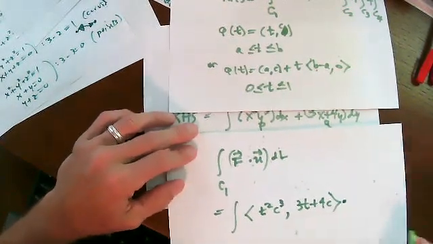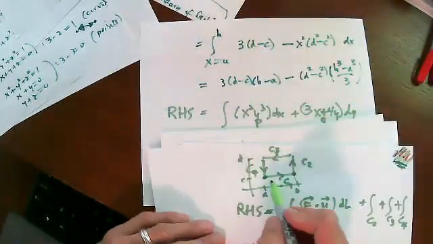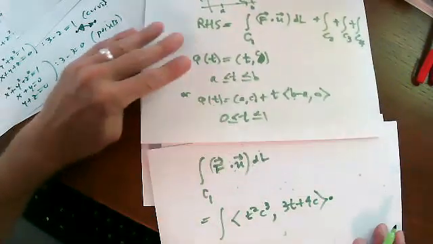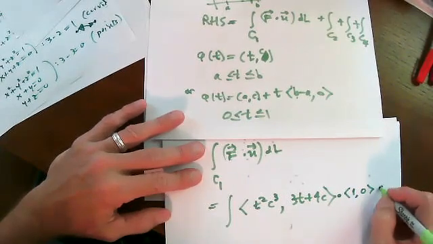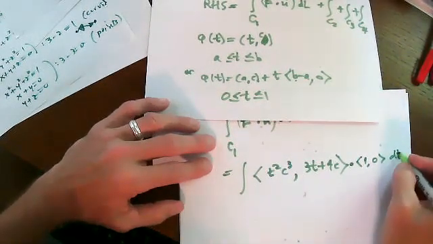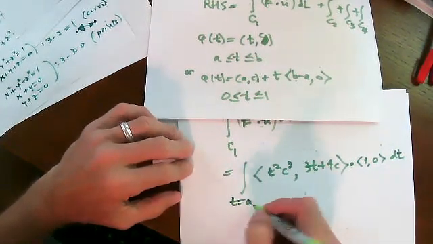I now have to take the dot product of that with the unit vector that points in my direction. For curve C1, the unit vector is just the vector that points straight east. It's the one we've called i. And that's the thing I'm going to integrate with respect to t as t goes from a to b.